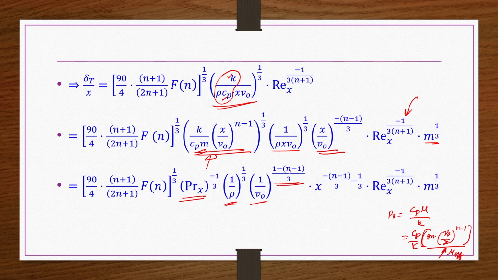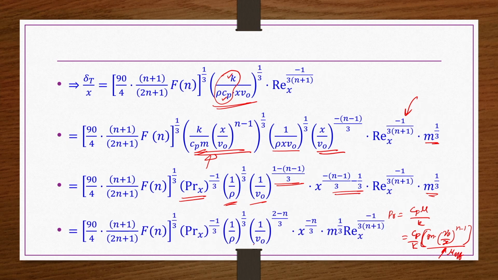So, then power (1 minus n) by 3 I am writing here, and then here x power minus (n minus 1) by 3 is there and divided by x power 1 by 3 is there. So, then power minus 1 by 3 I am writing here, m power 1 by 3 as it is I am keeping. Why? Because when I further do this, I get 1 by v naught power (2 minus n) by 3 and then x power minus n by 3 and then m power 1 by 3.